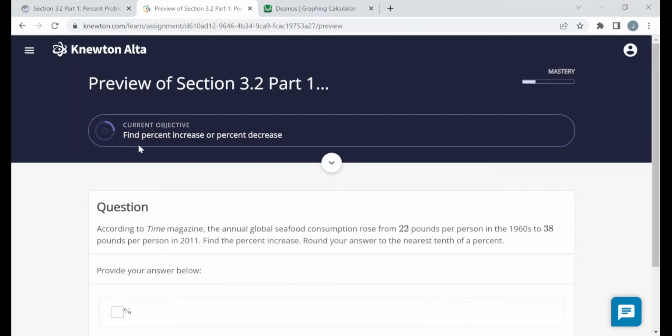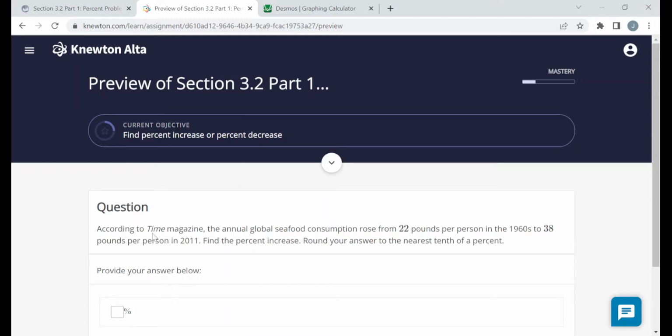All right, so back to the find percent increase or percent decrease. So remember, it's just what's the difference in the values, and then divide that by the original value, the original amount. What percentage of the original amount was that?